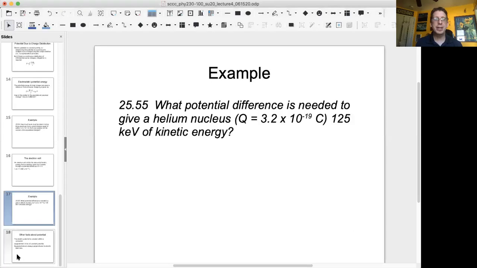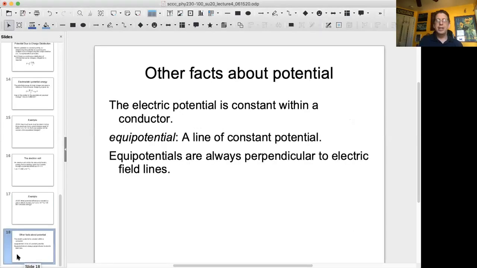And that brings us to our last slide of the day. Other facts about a potential: the electrical potential is constant within a conductor. Remember, the electric field is 0 within a conductor, and the electric field is a measure of how much the potential is changing.